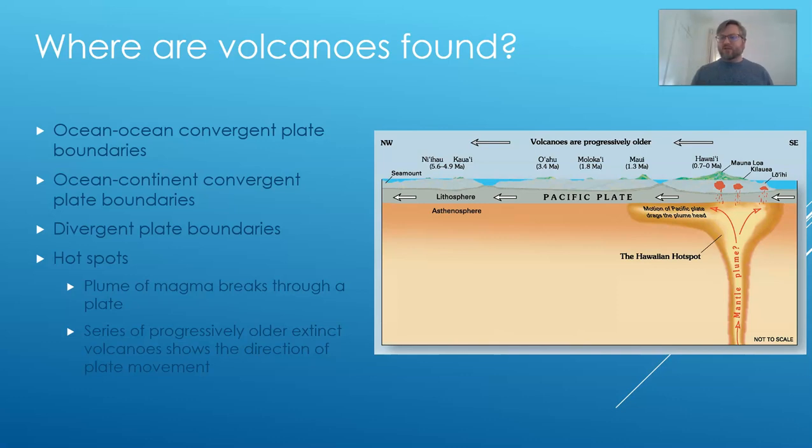And we still don't totally understand why these mantle plumes form in the places that they form. But we know we have a bunch of them scattered around the Earth. Just a spot where magma from the asthenosphere is just trying to get through to the surface. And it breaks through whatever plate is sitting on top of it and forms a volcano at that spot.